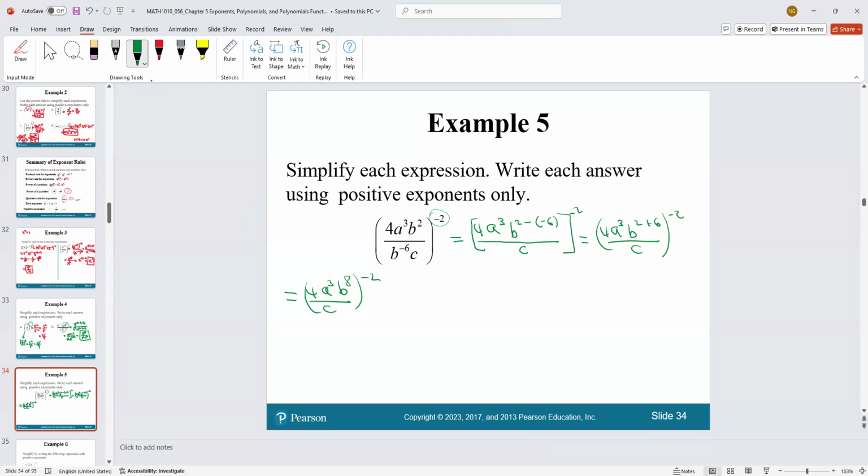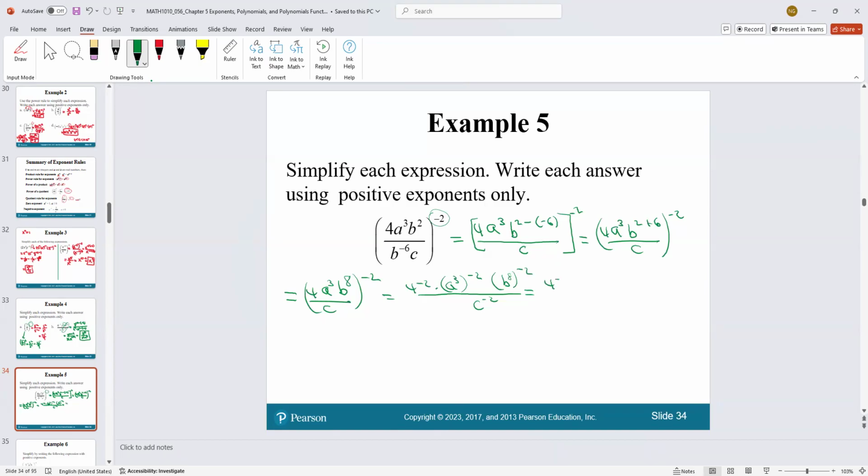Now, after I do that, I can definitely distribute the negative. I can do 4 power -2, a power 3 power -2, b power 8 power -2, c power -2. Simplify for b and a.